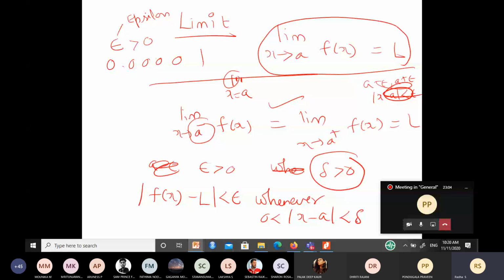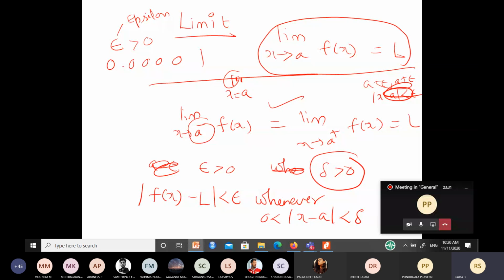That is, the difference between x and a is very small. Whenever this is happening, the distance between f of x and L is also very small. That means whenever x is nearing a, your f of x should also near the value L. This is the mathematical definition of limit in case of 2 dimension.